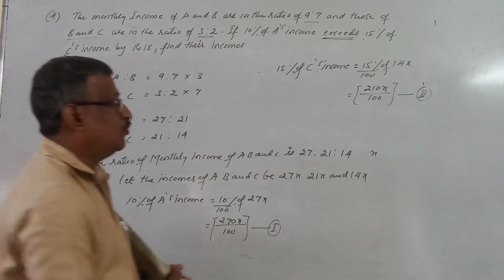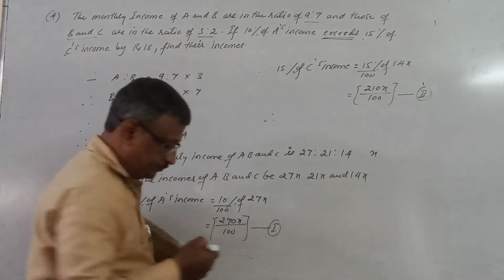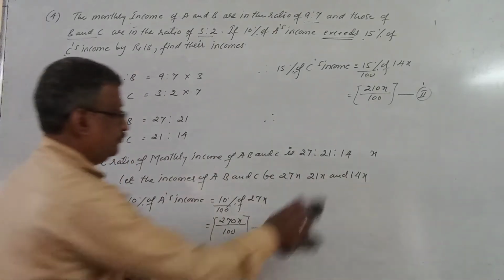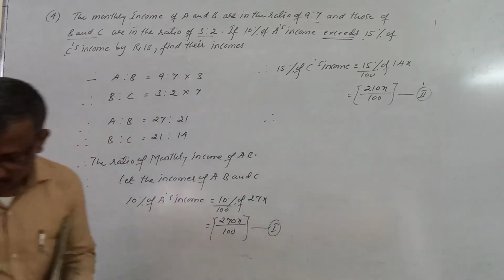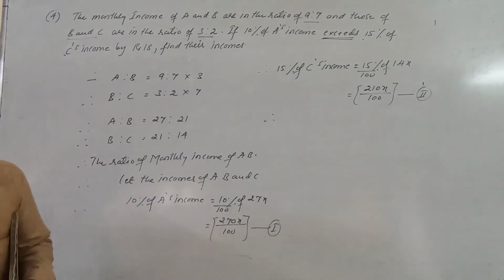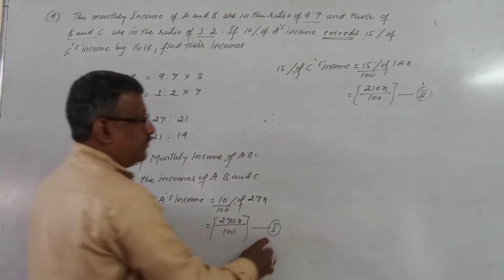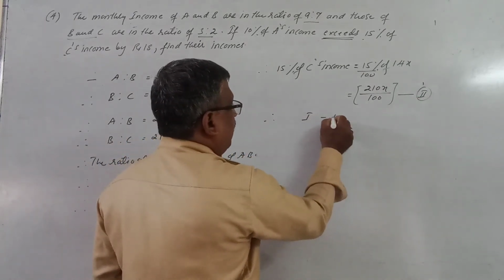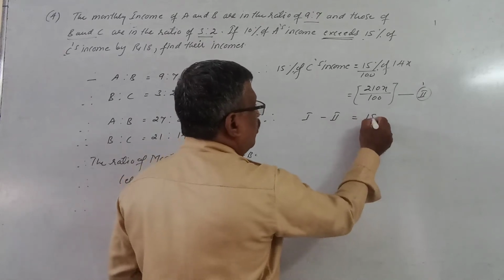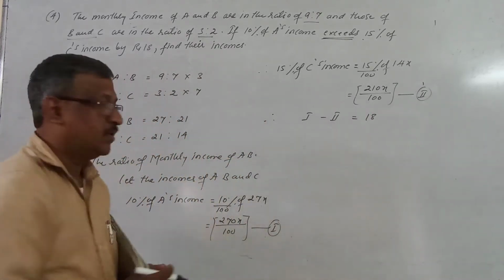So now we have to put the equation. How do we put the equation? The equation will be: from the first equation, you subtract the second equation, equal to 18 rupees.